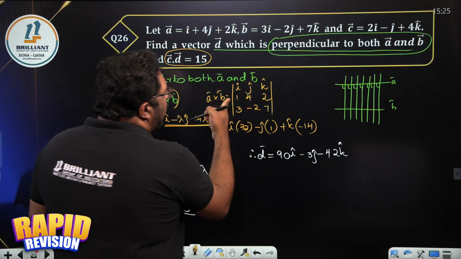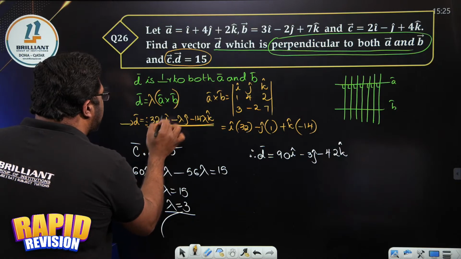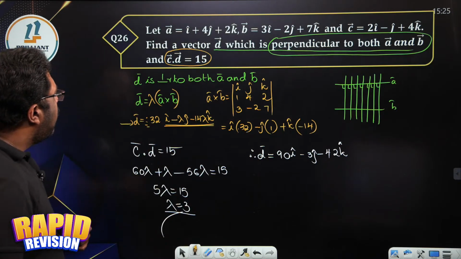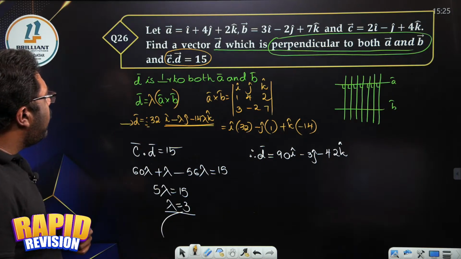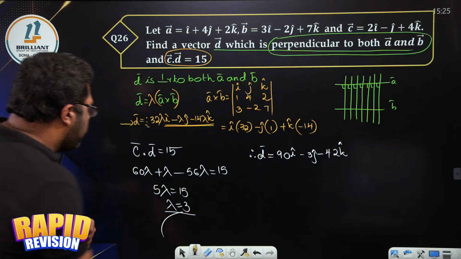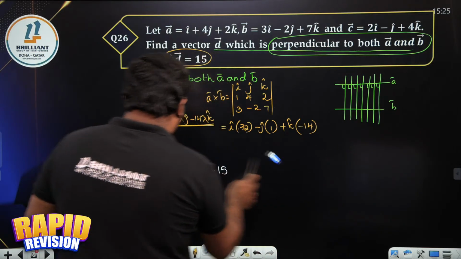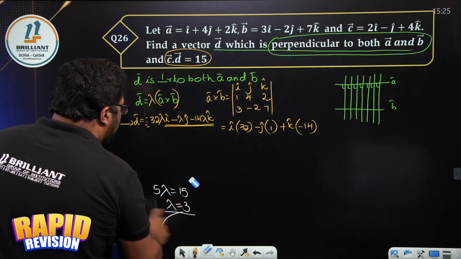That's right. Minus 2 minus 12 is minus 14. It's 32 here. Please make a change, all of you. 32I minus lambda J, 32 lambda I. So I'm just making a change, all of you. Mistake in the calculations.